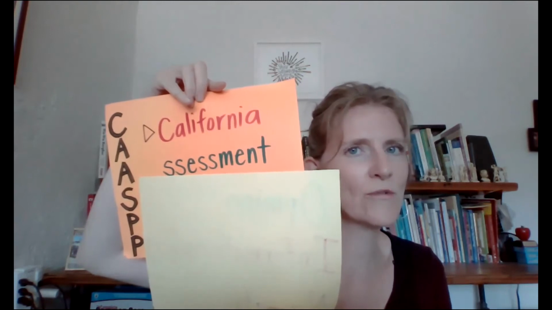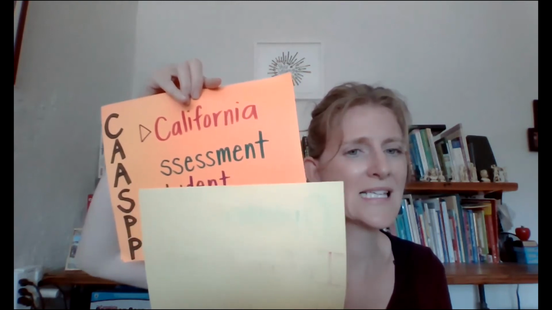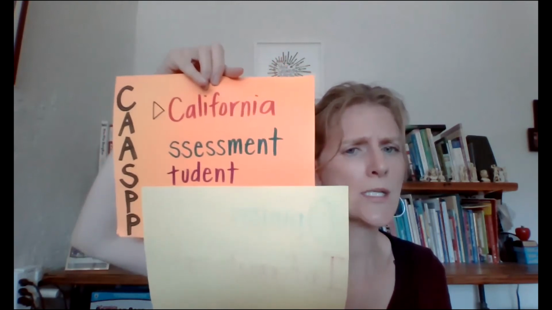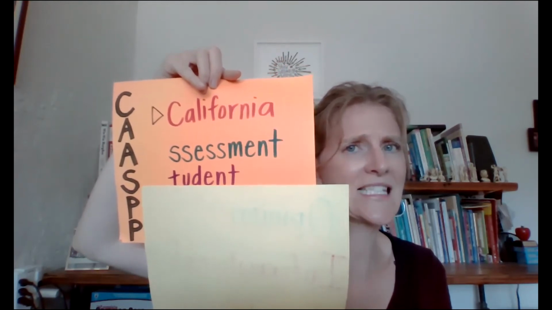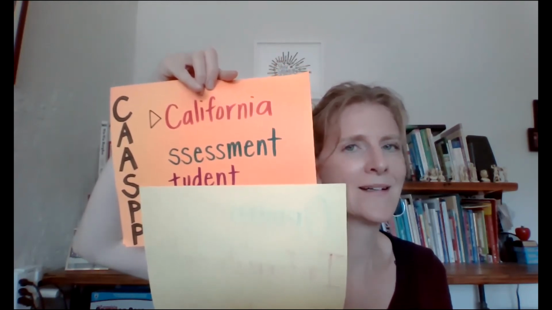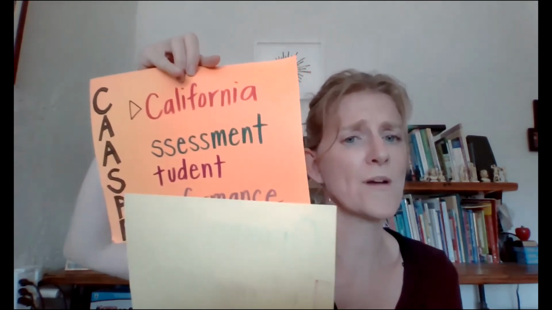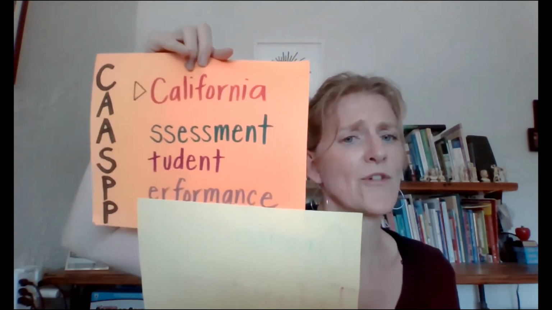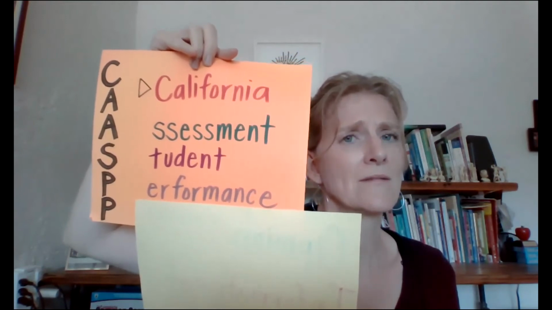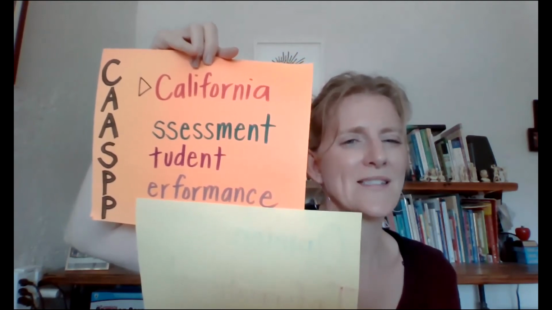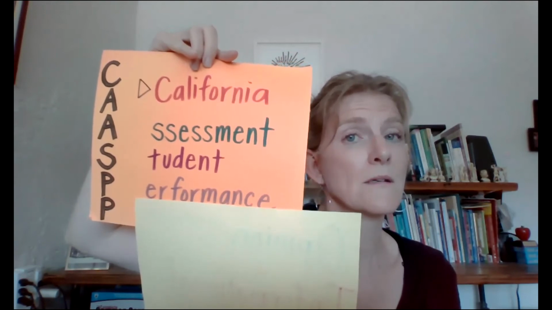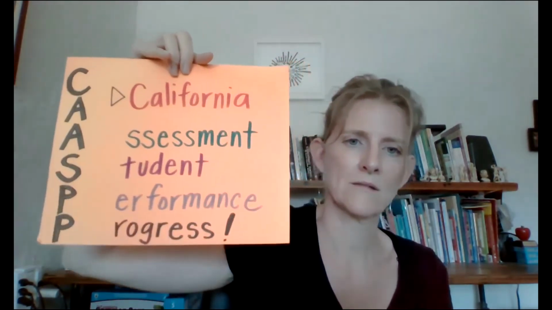The S is for you. It stands for student, CAS. And then the P for the end actually has performance in it. It's the California Assessment of Student Performance and Progress.